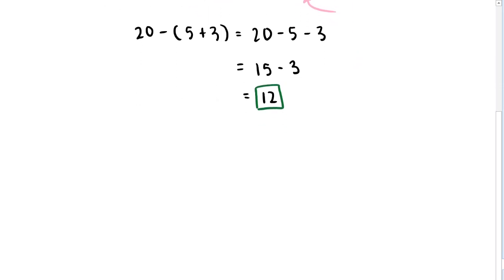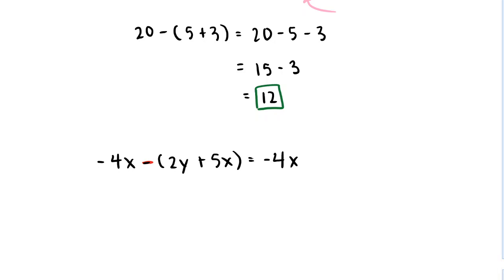And so let's take a look at an example where we're dealing with expressions. If we have minus 4x minus, in parentheses, 2y plus 5x, and I wanted to simplify this, well, we can get rid of these parentheses. We know that we're subtracting this group, so this would be the same as, we still have the minus 4x, and if I'm going to subtract these parentheses, I'm going to subtract each term in that group.